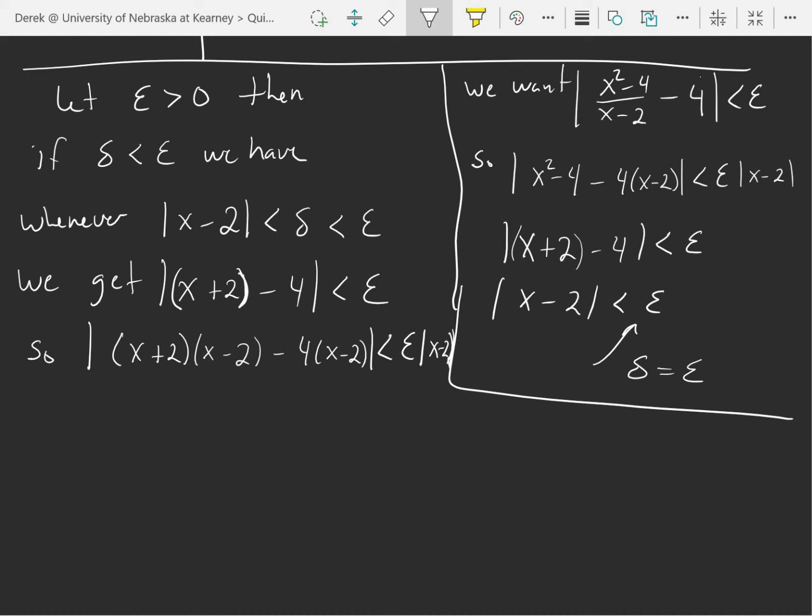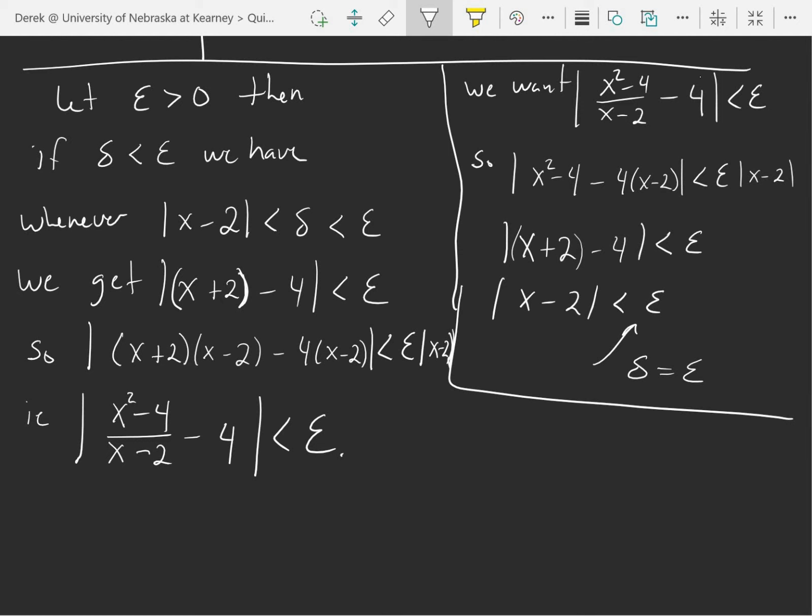And then divide by the absolute value of x minus 2, which is what we wanted to prove.